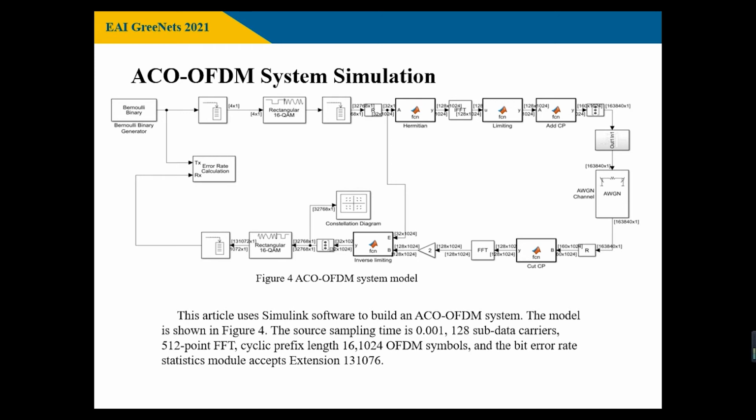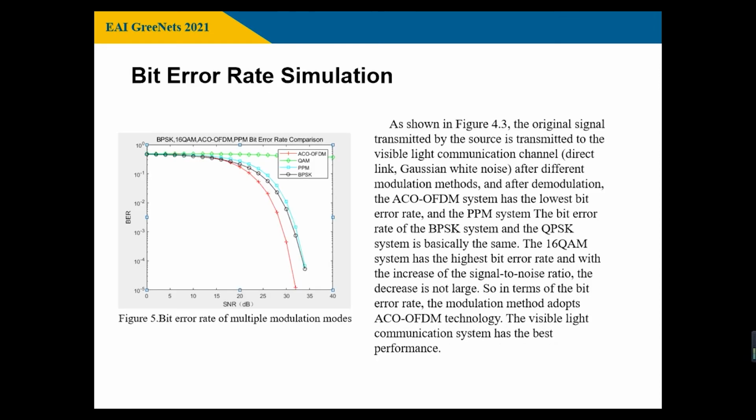The source parameters are 128 subcarriers, 512-point FFT, cyclic prefix length 16, 1024 OFDM symbols, and the bit error rate statistics module, as shown in Figure 5.